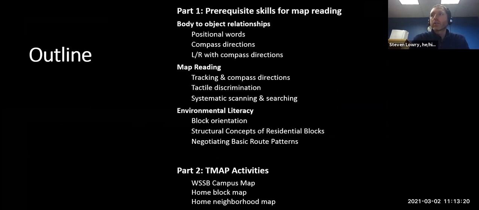What's shown on the screen is an outline of the sequence of activities and concepts that I'm going to show a sampling of today. The three big umbrellas are body to object relationships, map reading concepts, and environmental literacy.